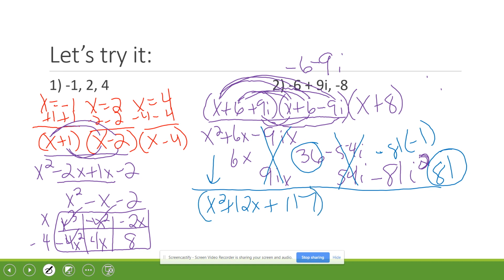Well, phew, got through that. Now we got to get through multiplying by x plus 8.